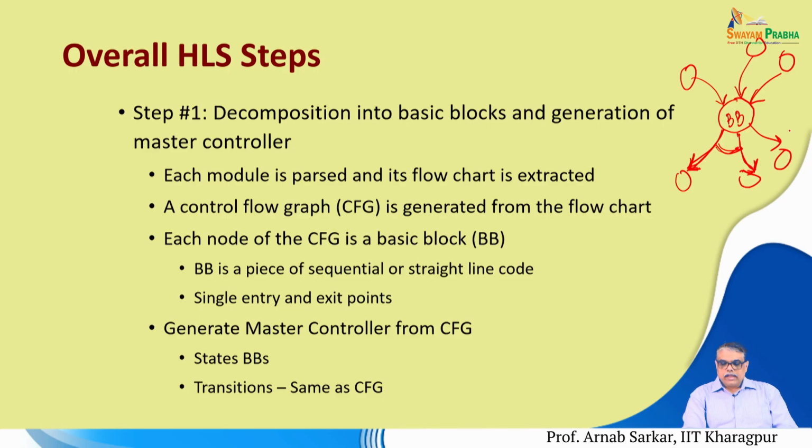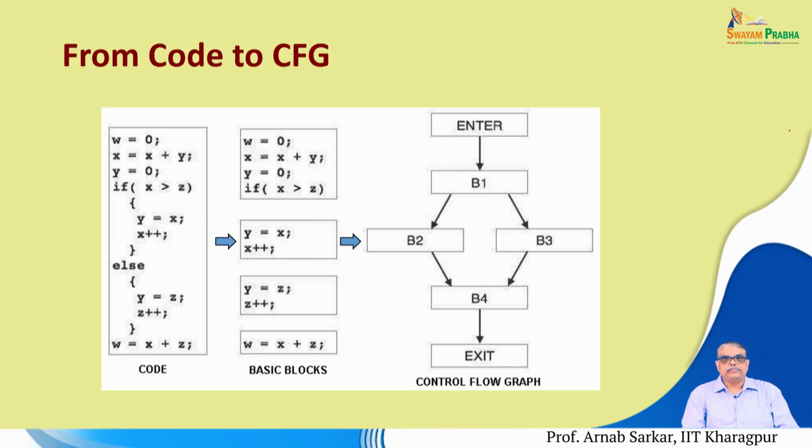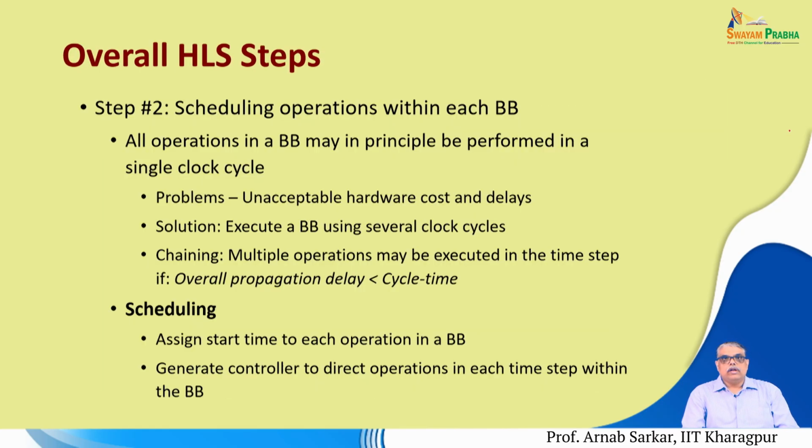Then, after we have the entire control flow graph and the entire master controller, we have to schedule operations within a basic block. And we said that essentially all operations within the basic block can be scheduled within the same clock cycle.